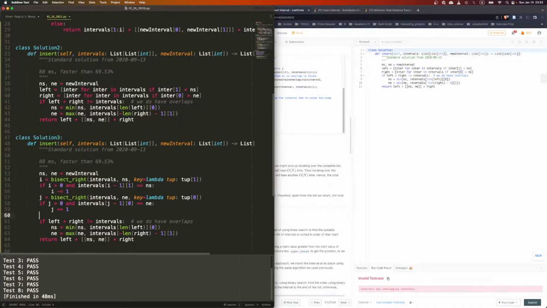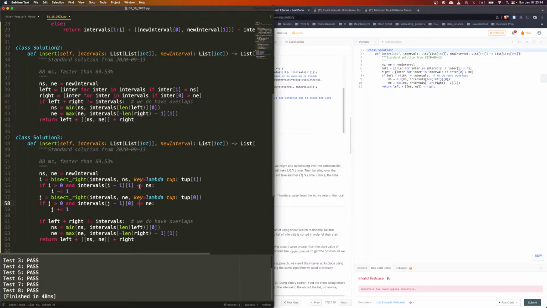Right, then what we need to do: if there's no overlap, basically we want to find a situation where there's no overlap. If there is no overlap, what's going to happen? Oh, it's smaller or equal to, right? Wait, no, hold on.